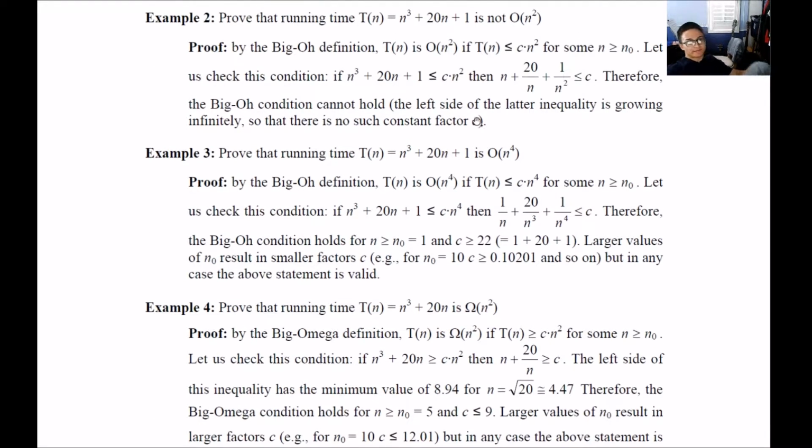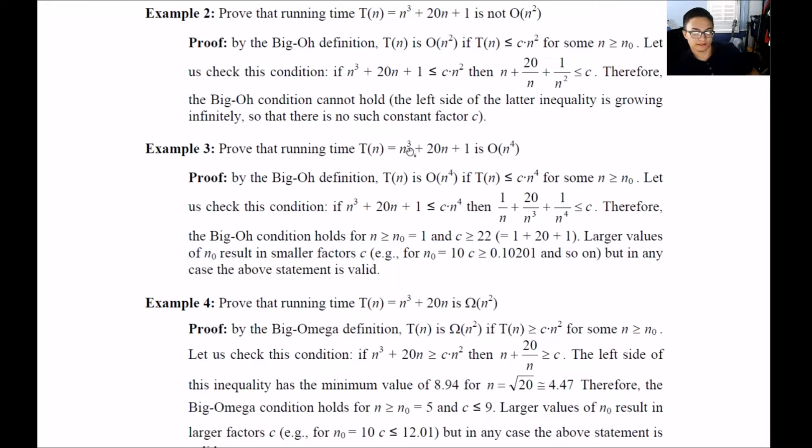So it's saying, it's weird because the big O of this is n cubed, but this is n to the 4th, and it's saying that this is a valid statement, assuming the conditions hold. Okay, that's a formality.